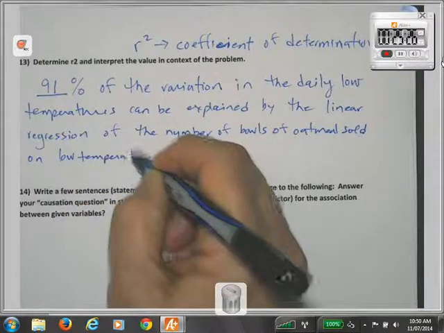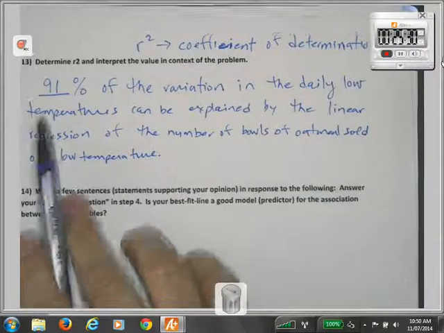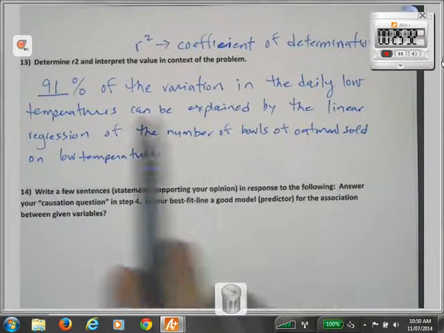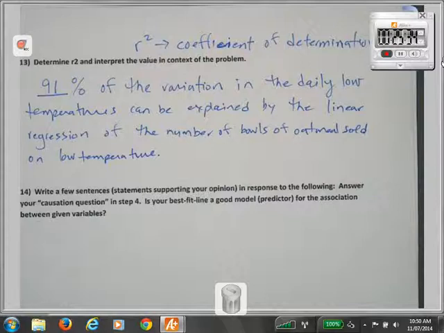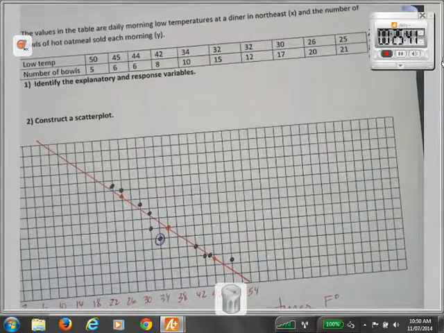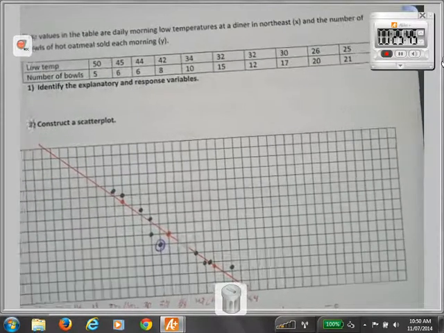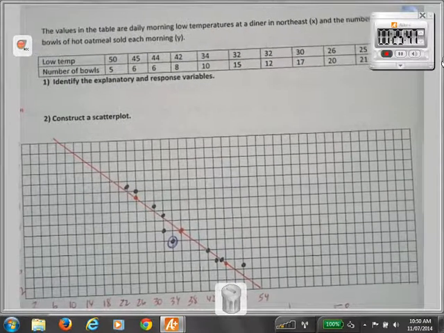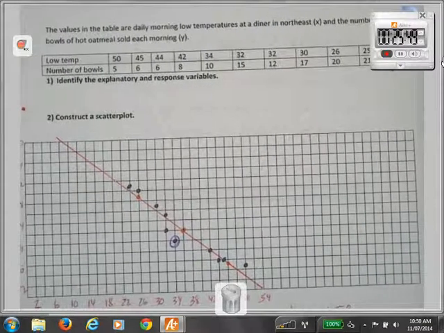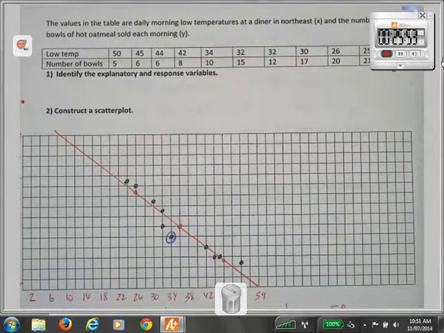Now, let me explain. First of all, the 91%, you know where that came from. Variation is how the data varies on the scatter plot, how these points don't all fall on the line. If they all fell on the line, it would be 100%, there would be no variation, 100% would be explained. But a few of them are falling off the line, so 91% is explained.